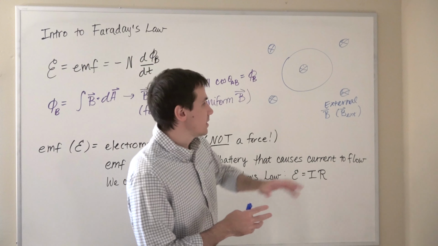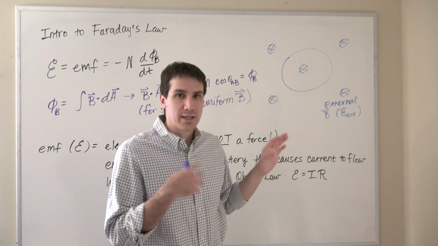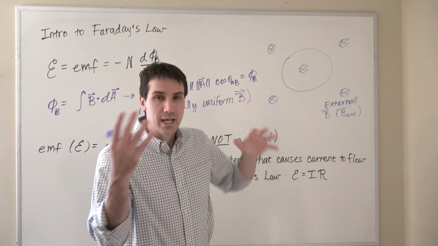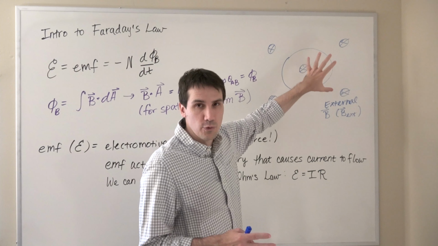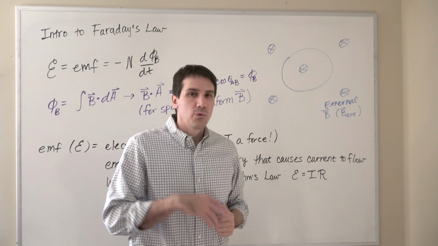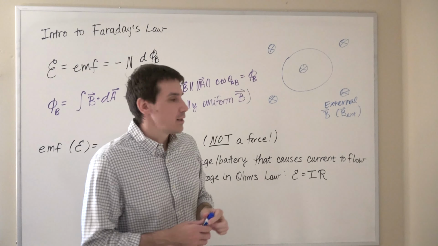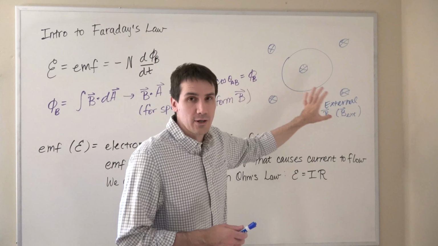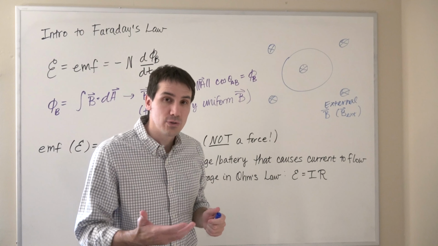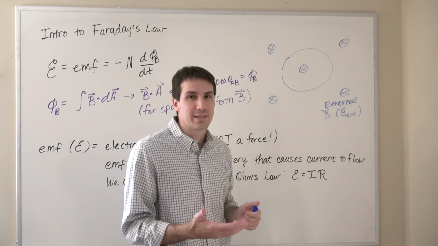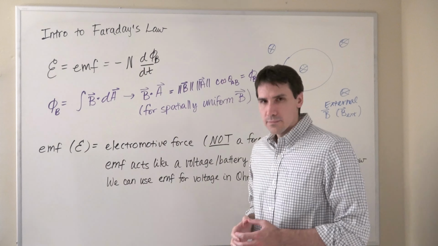Either we're going to be interested in external magnetic fields that are created by some other source and create a flux through our loop. We're also going to be interested in currents flowing in our loop generating their own magnetic fields. We will call those induced magnetic fields, and we'll get into what that means in a minute.